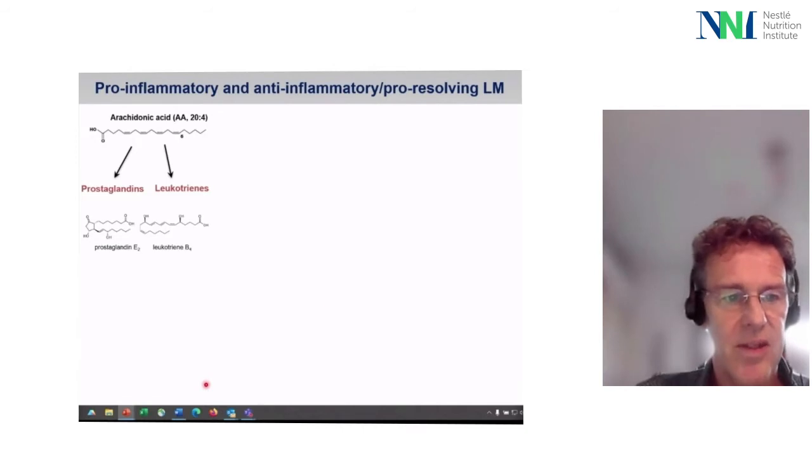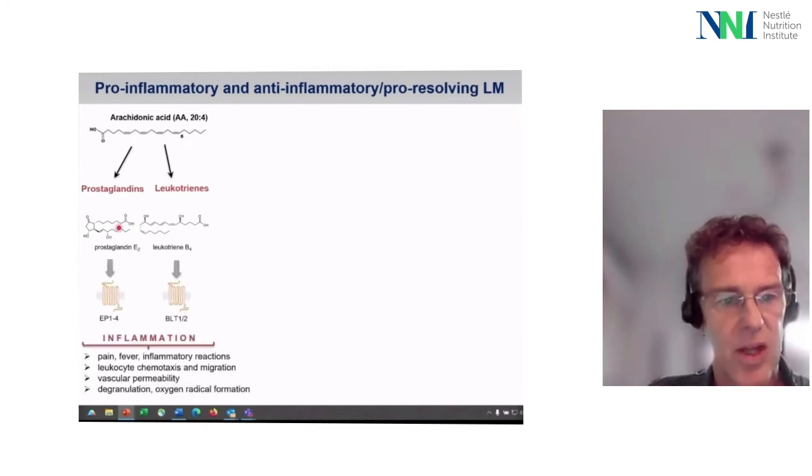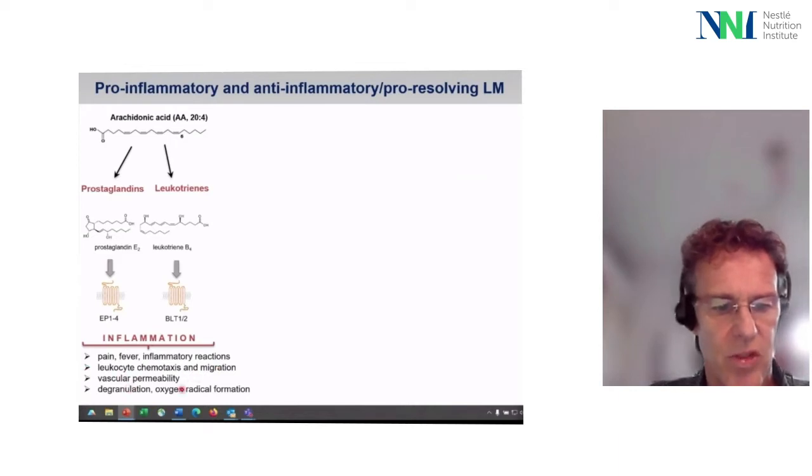Arachidonic acid is mainly converted to prostaglandins and leukotrienes, which are clearly pro-inflammatory mediators. They have specific G protein-coupled receptors and mediate pain, fever, inflammatory reactions, leukocyte chemotaxis, migration, vascular permeability, degranulation, and oxygen radical formation.